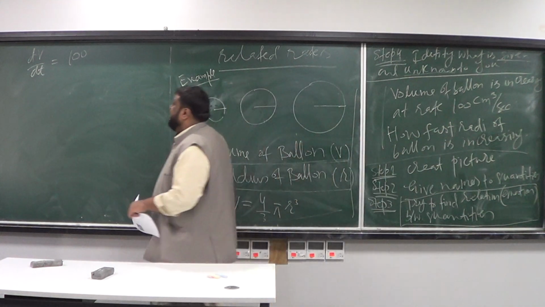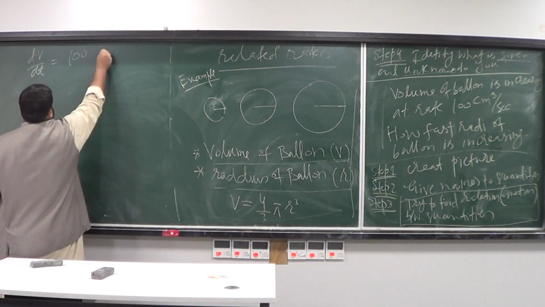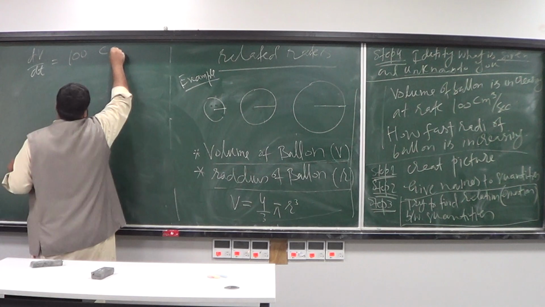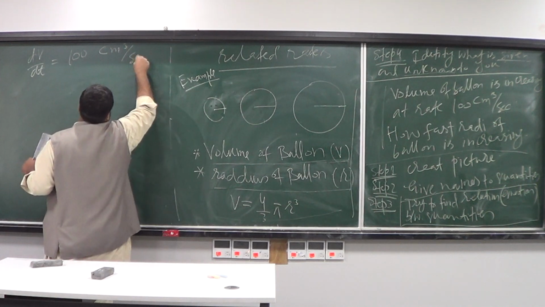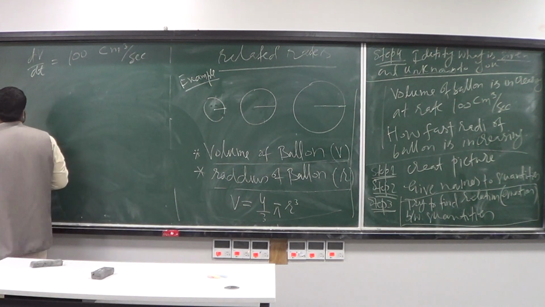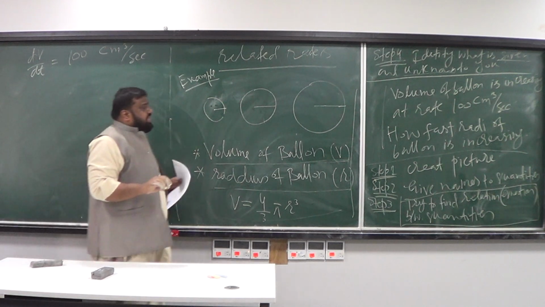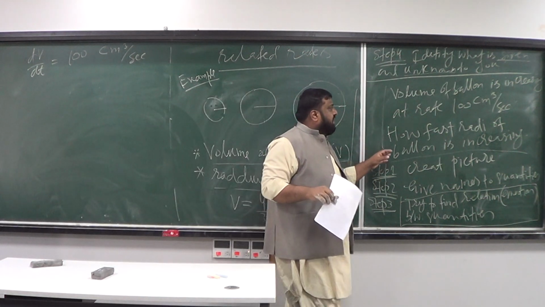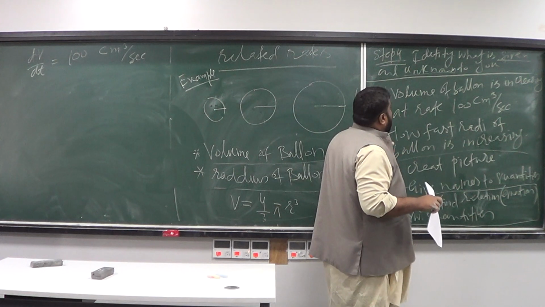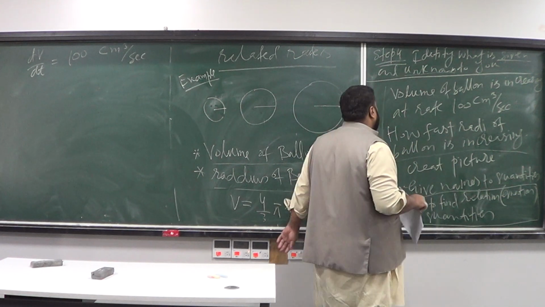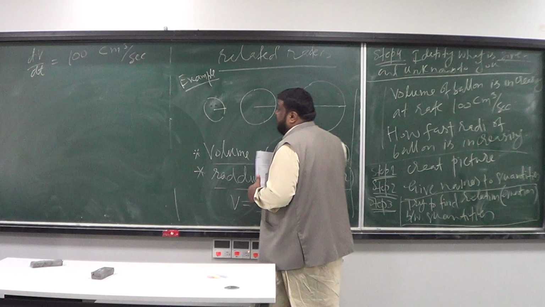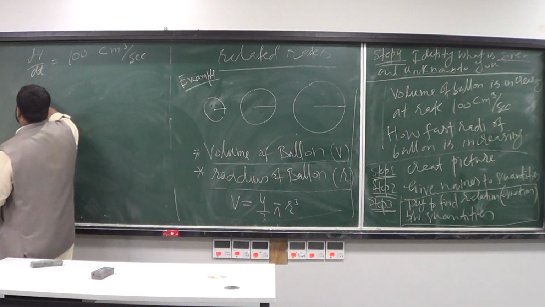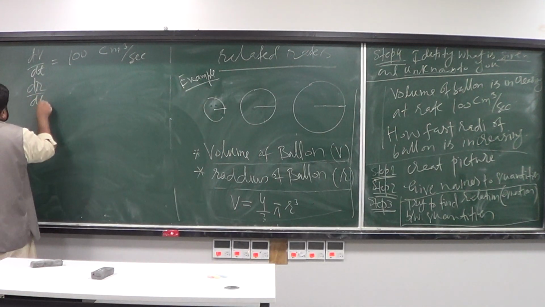So the volume is changing over time at this rate, and a rate is always a derivative, cubic centimeter per second. What we need to find is how fast the radius of the balloon is increasing. In other words, I need to find dr by dt.